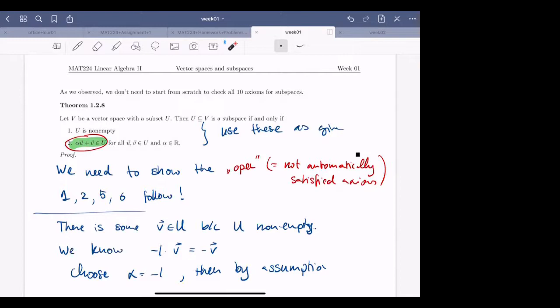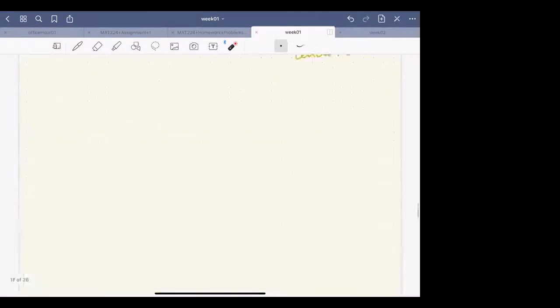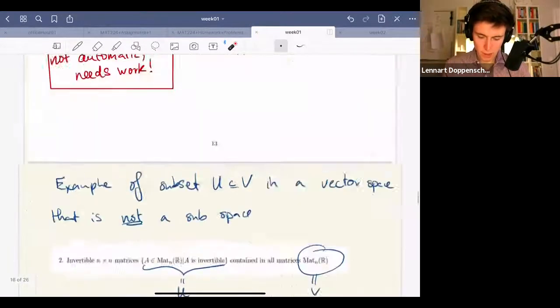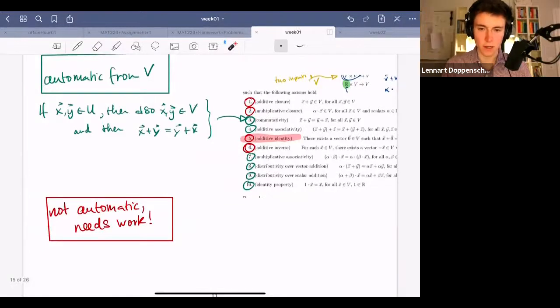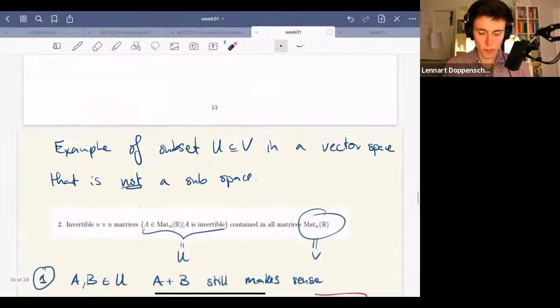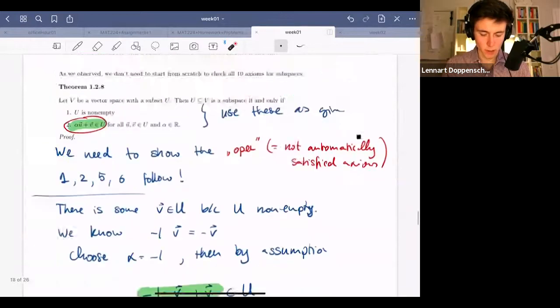So 1, 2, 4, and 6. 5 and 6. Yeah, that was the discussion here, right? So only 1, 2, 5, and 6 are left open if you talk about subspaces. But it gets even better, because 1, 2, 4, and 1, 2, 5, and 6 are already checked if you only check these two.